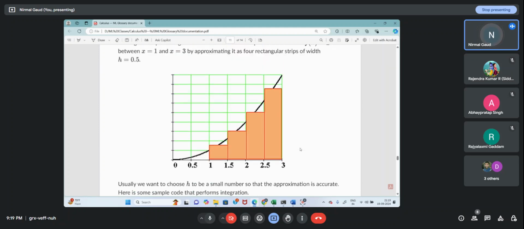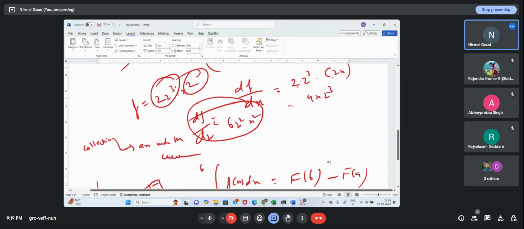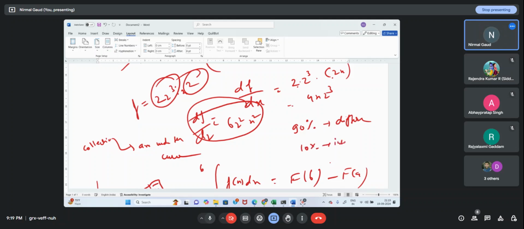So calculus differentiation is important. Integration is also used, but let me tell you, 90% of the usage of calculus in machine learning is differentiation. Very little is where integration is used, very little. The entire usage is differentiation only. Okay, so we'll focus more on this.